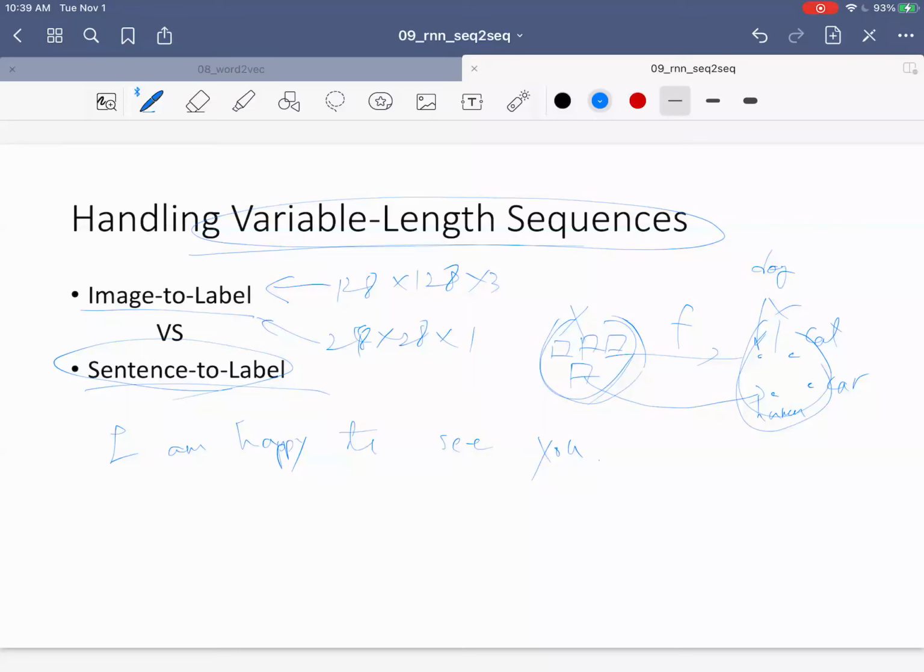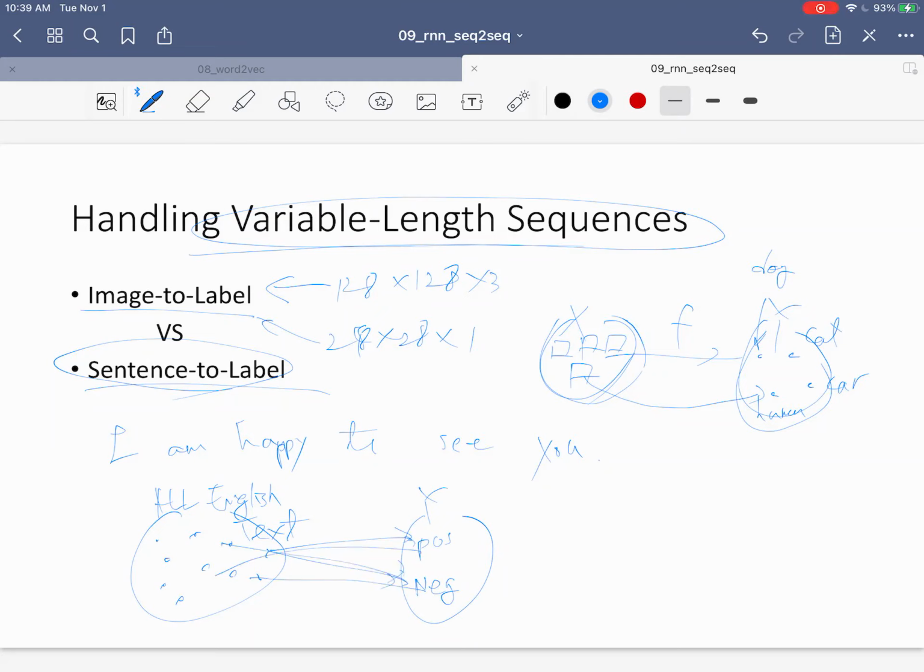The X domain would be all English text, and the codomain Y would be positive or negative, a set with two elements. Any element in the X domain should be mapped to one of these.